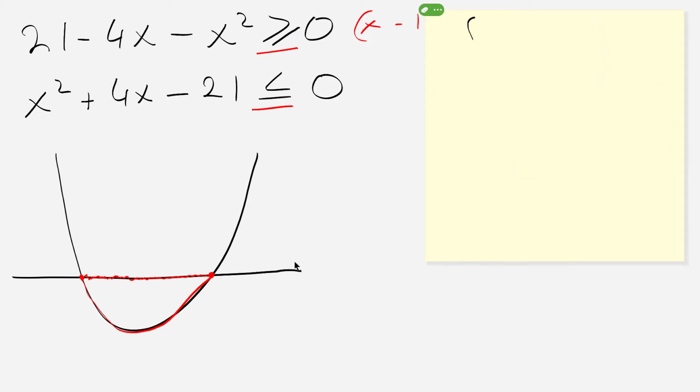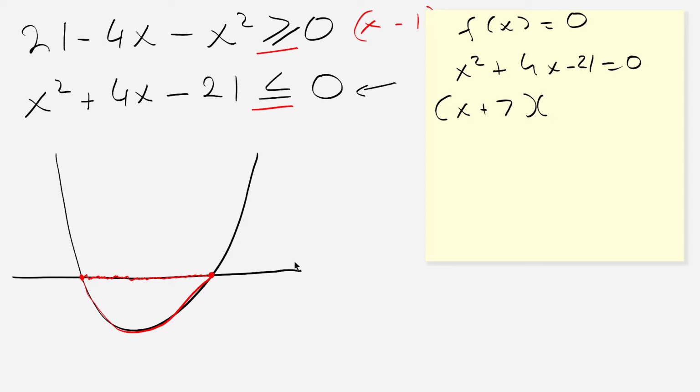Remember, to find the roots, you put the function equal to 0. I'm talking about this particular version of it when we change the signs to the positive x squared. So x squared plus 4x minus 21 is equal to 0. x plus 7, x minus 4 is 0. So you end up solving for your roots.